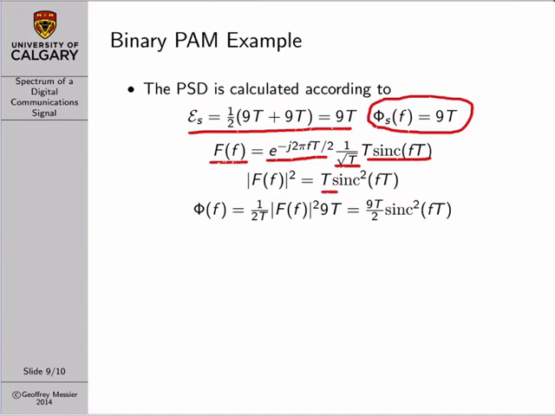Taking the magnitude squared, we just get T sinc squared fT. And then putting all of this together, we have our 1 over 2T factor, our magnitude squared factor, our energy per symbol factor, and then this is our final expression for the power spectral density of our signal.